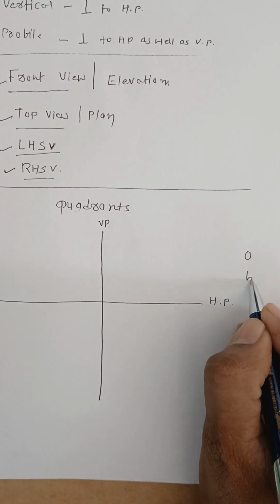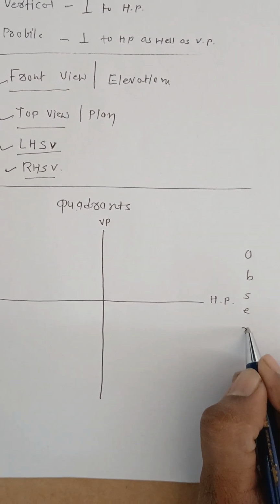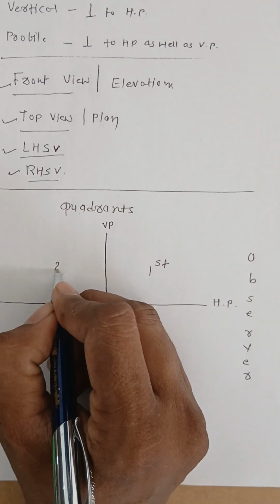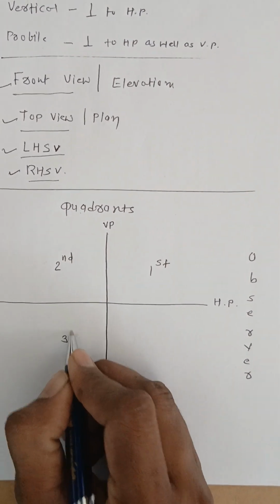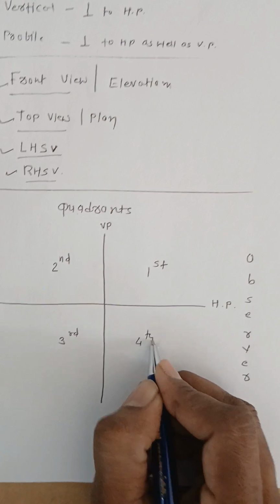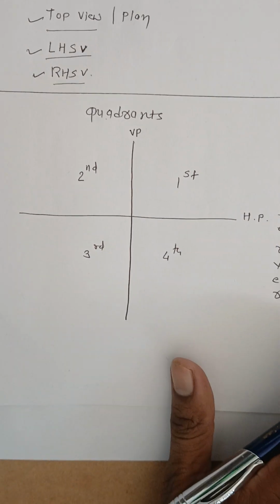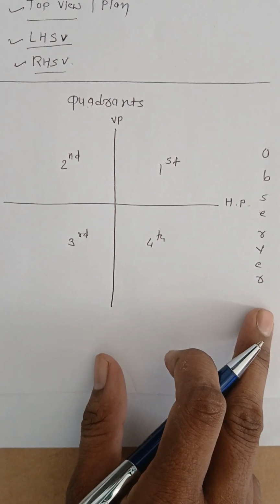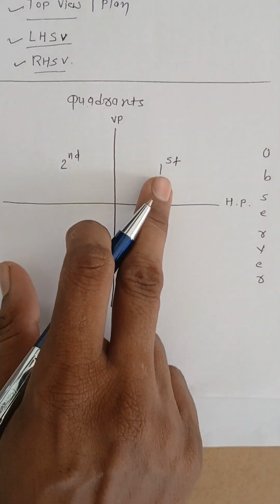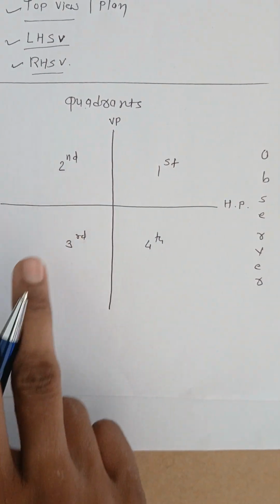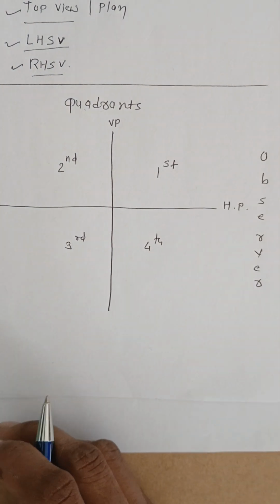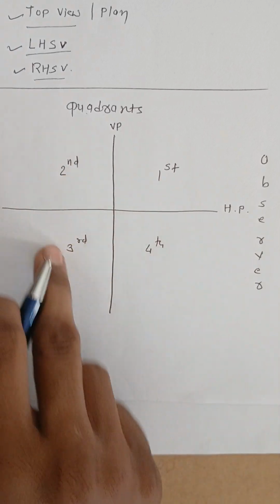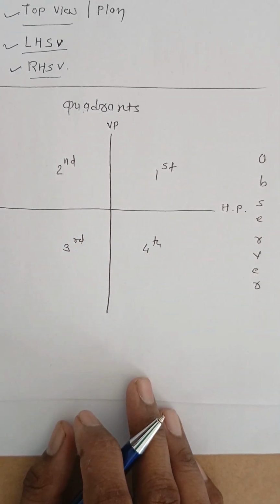If this is the position of observer, then this is your first quadrant, this is your second quadrant, third quadrant and fourth quadrant. According to the position of observer, this will be first, second, third and fourth quadrant.